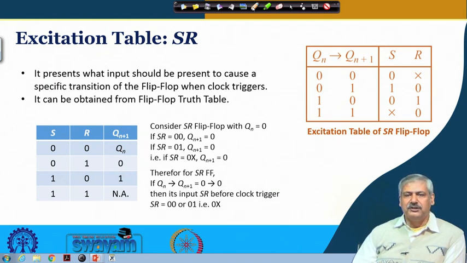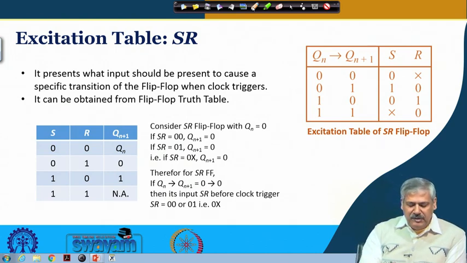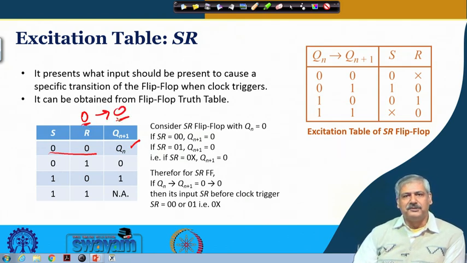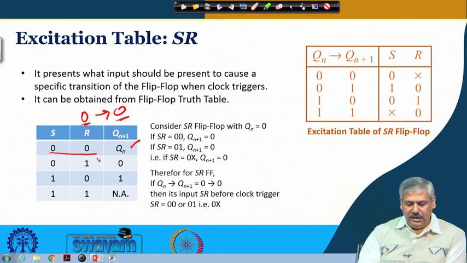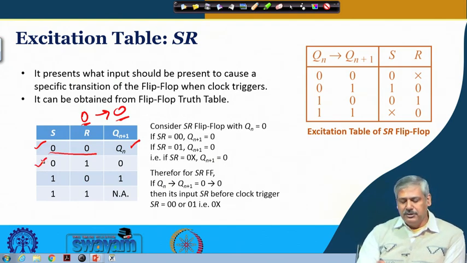If previous value was 0 and next value is also 0, it will occur when the input is 0, 0, that is possible. And instead of input being 0, 0, if input was 0, 1, then also the next state will be 0.